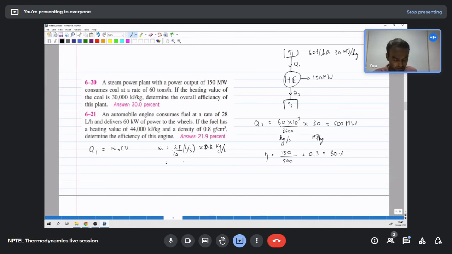So this is 0.373 kg per second. So Q1 can be calculated as 0.373 kg per second into calorific value, which is 44 into 10 power 3. So this is in kilojoule per kg and this is kg per second. So the output we get will be in terms of kilojoule per second.